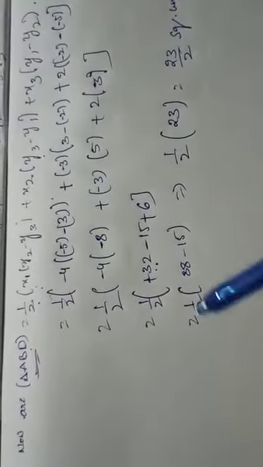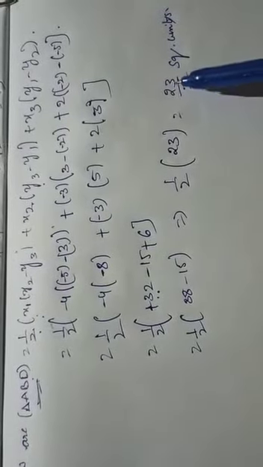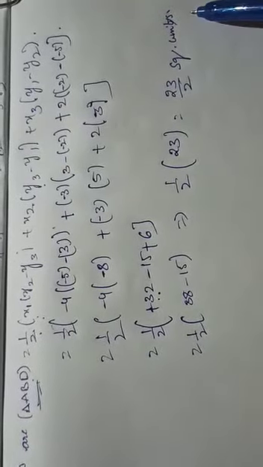Here we get the area of triangle ABD equal to 23/2 square units.